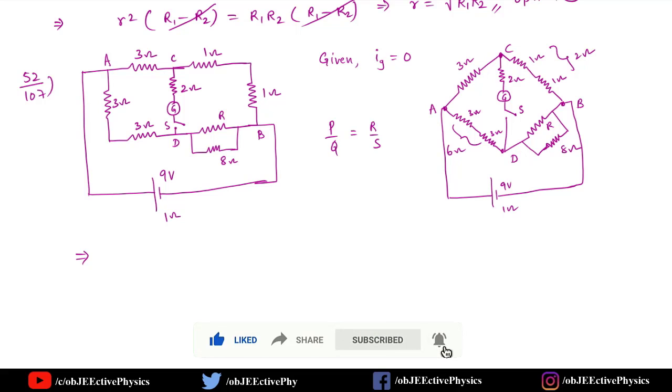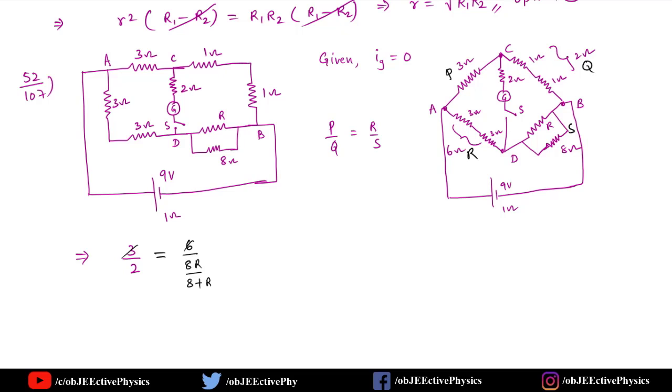Here it is P and this is Q, and here it is R and it is S. 3 by 2 is equal to 6 by, in the place of S, 8 and R in parallel.